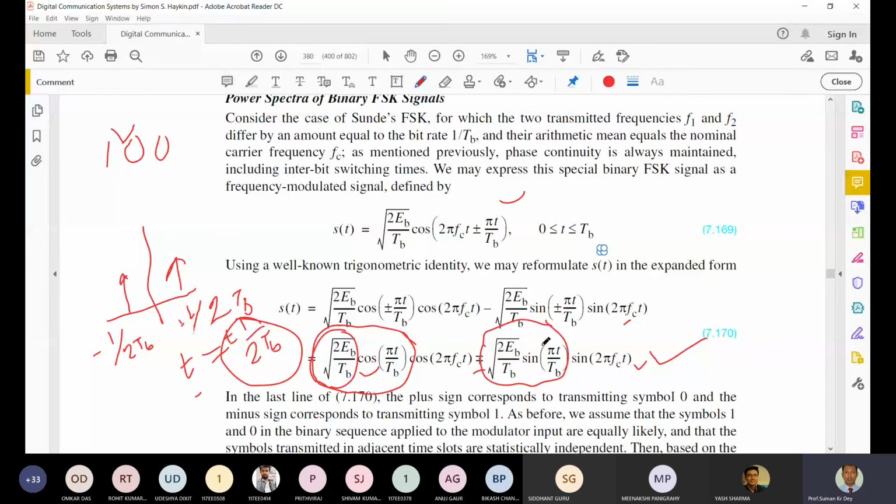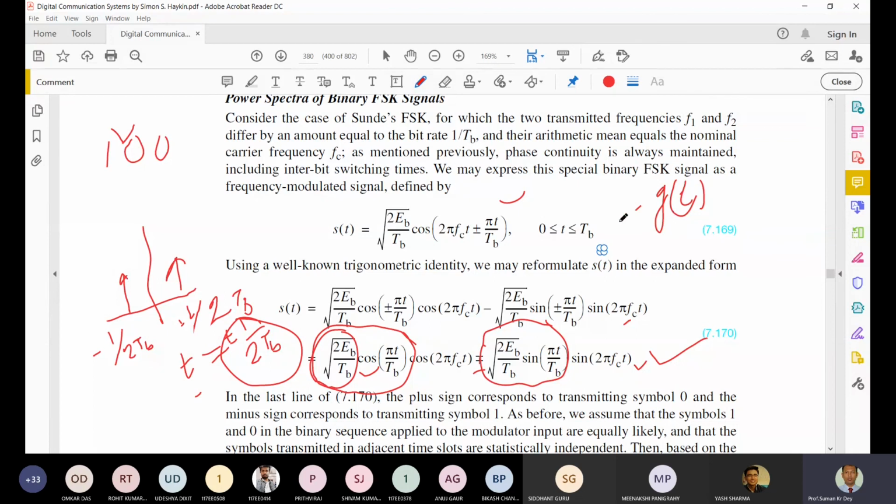So for a time duration of 0 to TB, we consider there are signals g(t) and minus g(t). Here minus g(t) corresponds to the symbol 1, and plus g(t) represents the symbol 0.